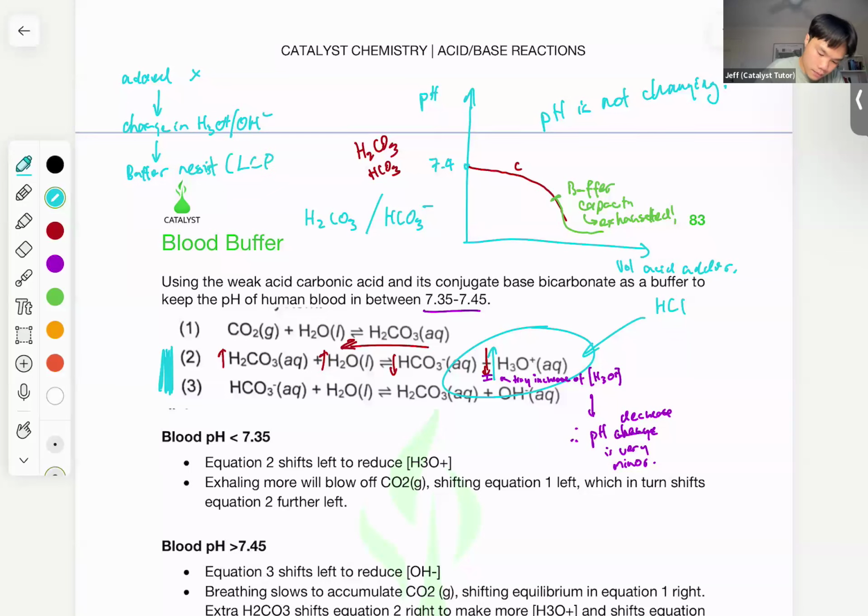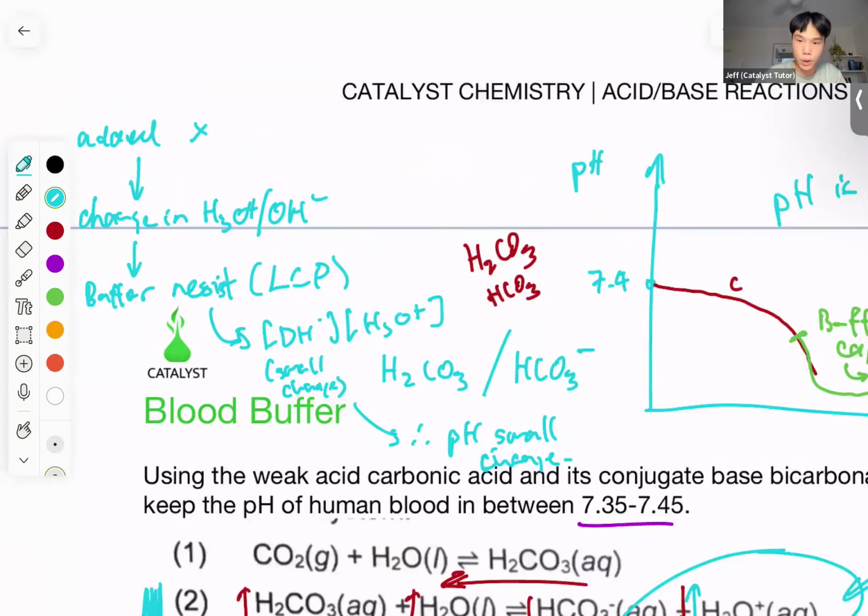Tying in LCP. And finally, how does that affect either hydroxide concentration or H3O plus concentration overall, which will be a very small change. Therefore, pH small change. That's more or less the flow of your buffer response.